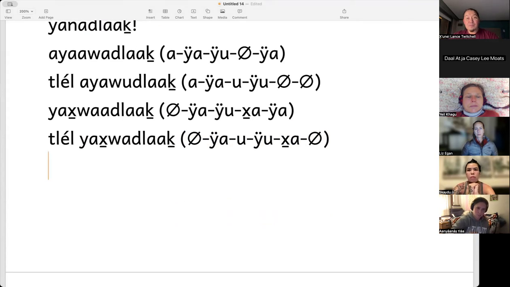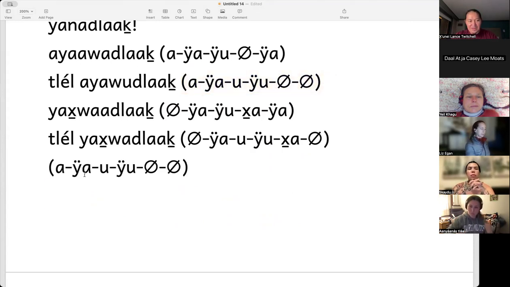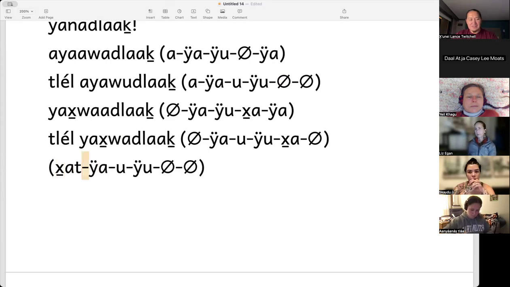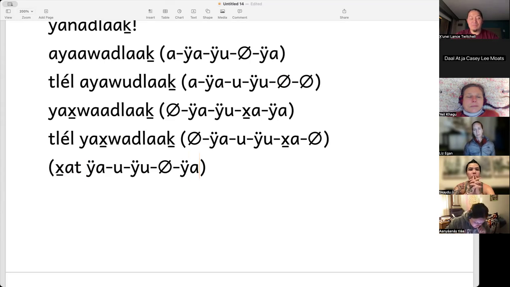What about, so if I take this as my prefix here, and I wanted to say, one, what is that saying? Two, how would we say it in Lingit? Cut is the it object.